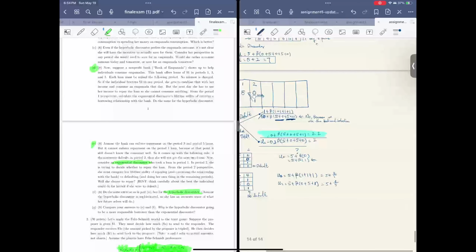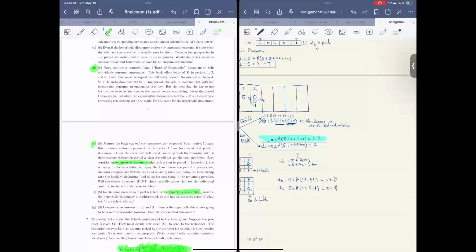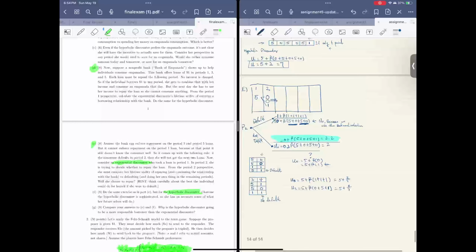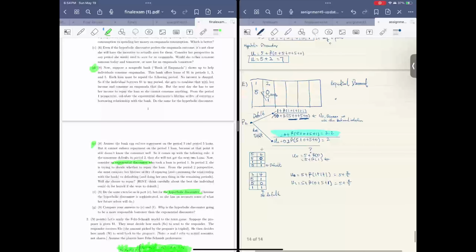And exponential is easier because our delta equals 1. Compare 2. Default. Not default.